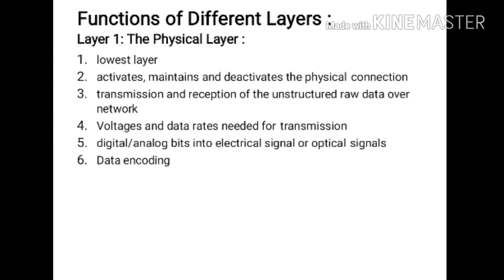It activates, maintains, and deactivates the physical connection. It is responsible for transmission and reception of unstructured raw data over the network. Voltages and data rates needed for transmission are defined in the physical layer. It converts the digital and or analog bits into electrical signals or optical signals. Data encoding is also done in this layer.